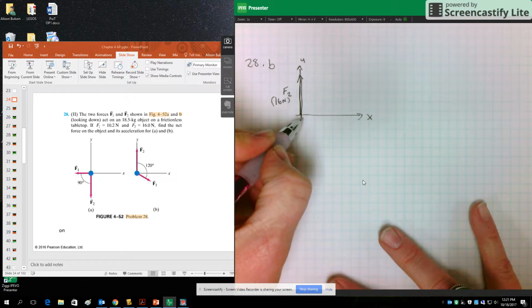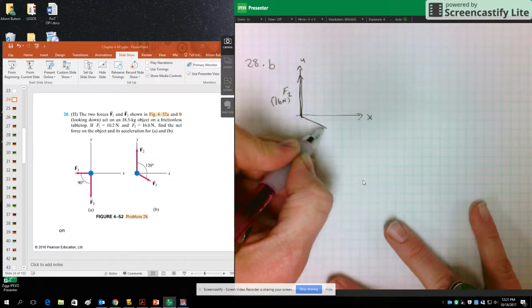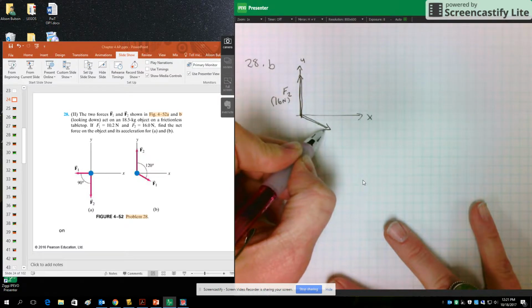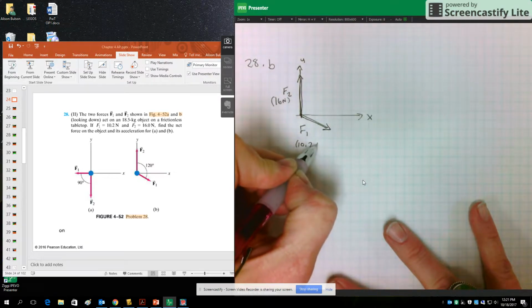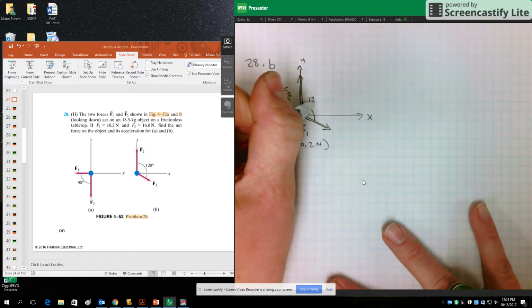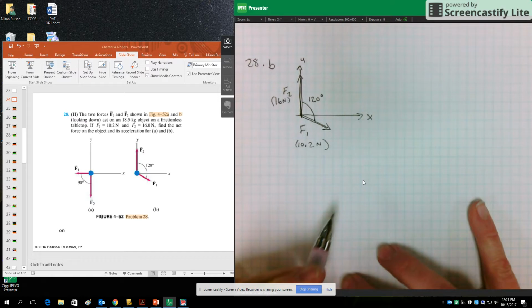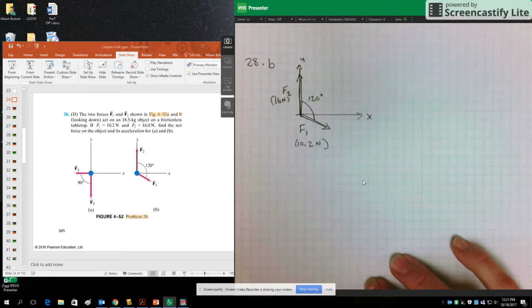But F1 is slightly smaller. F1, which was 10.2 newtons, is 120 degrees clockwise from F2.